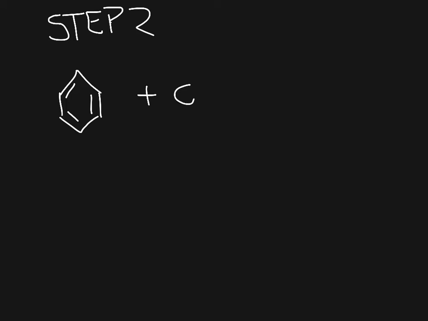So with step 2, we have our benzene ring, and this is going to react with our chlorine electrophile. One of the double bonds from the benzene ring is going to react and form another covalent bond with the chlorine electrophile.